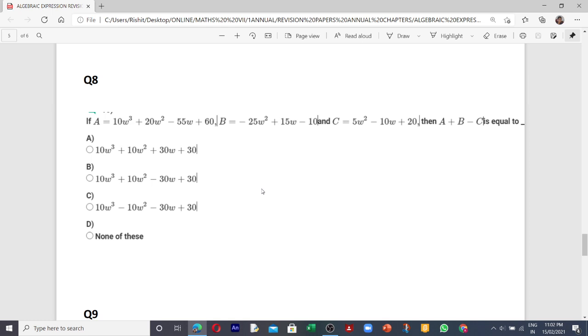And C is 5w square minus 10w plus 20. Children, you have to add all. Come on, children. Solve it. Write down A plus B plus C all. And then the answer will be there.